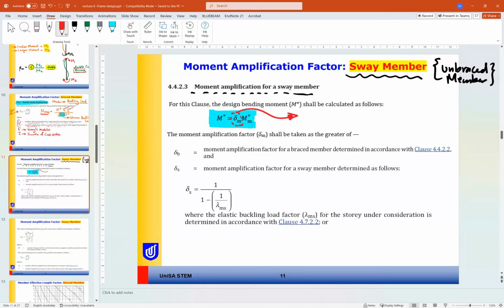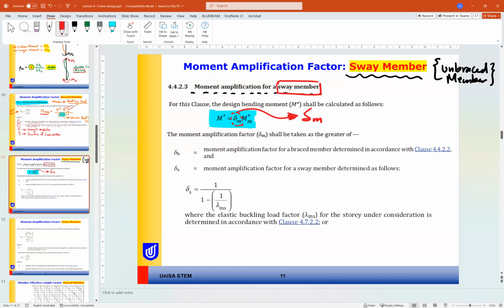So in this case, we have delta m, not delta b. Delta m for a sway member, delta b for a braced member.